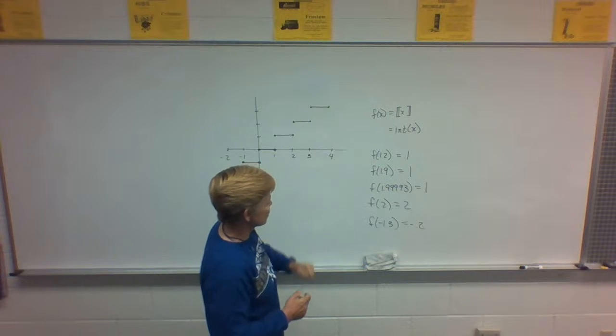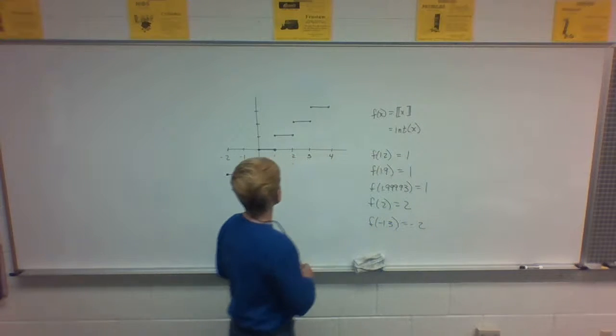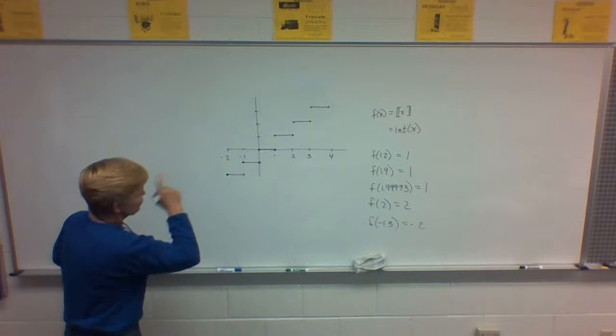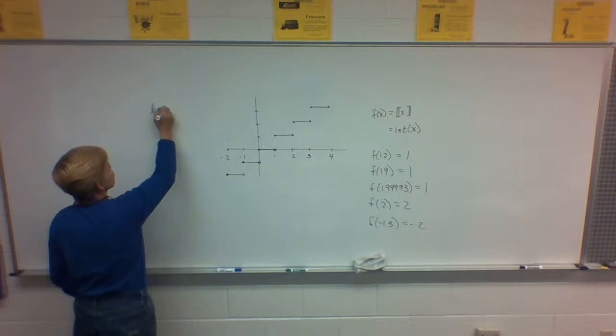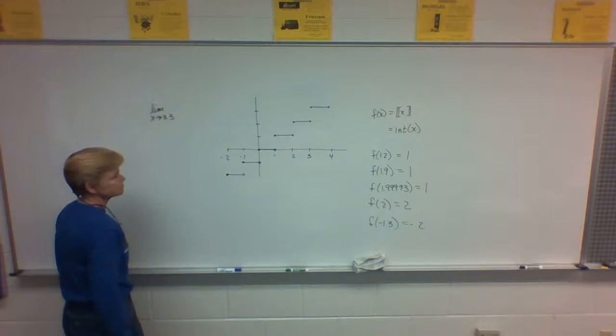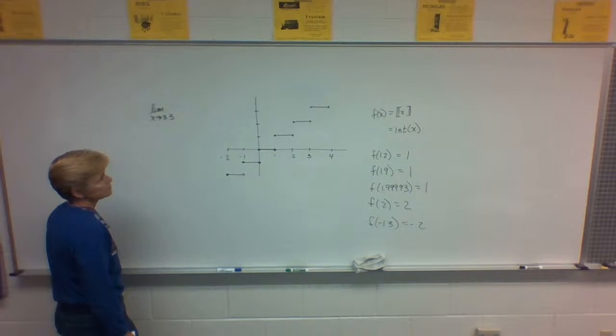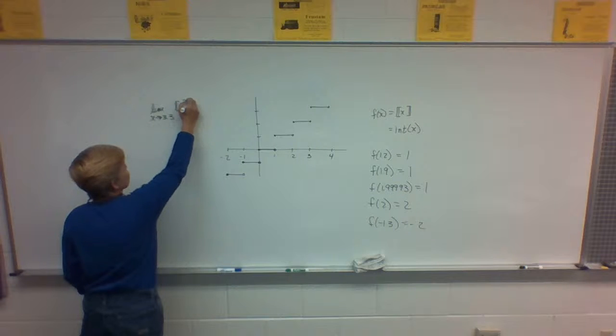Now I want to talk to you about limits. I'll leave that graph up there. So consider this and what you know about limits so far, and see if you can evaluate the limit as x approaches 3.3 of int x. Three, by direct substitution.